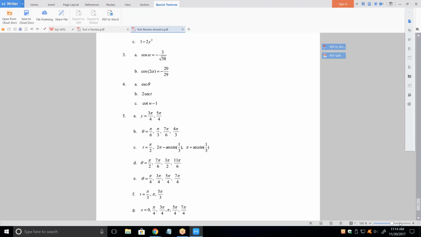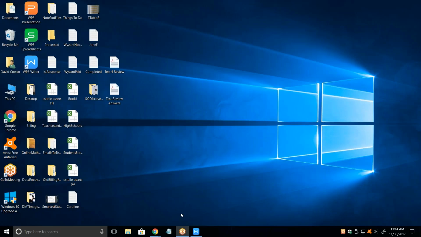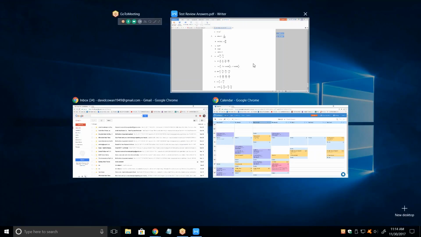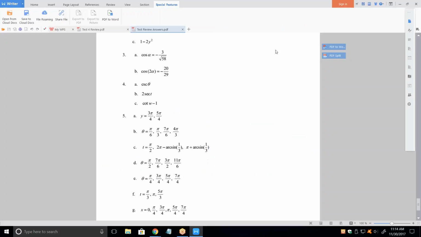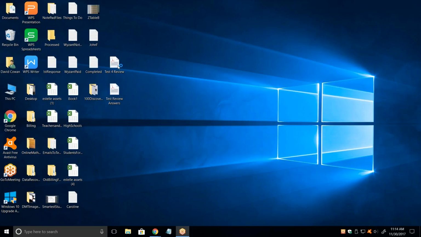All right. Whoops. Minimize that. It looks like this only allows you to open one thing at a time.